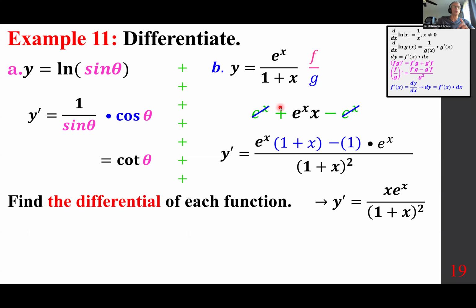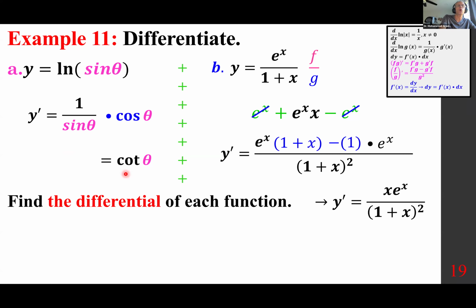So now we are ready to find the differential of each function, meaning if they ask you to find the differential, you have to do the differentiation first anyways. Then we go back here and we say dy is f prime of x dx.